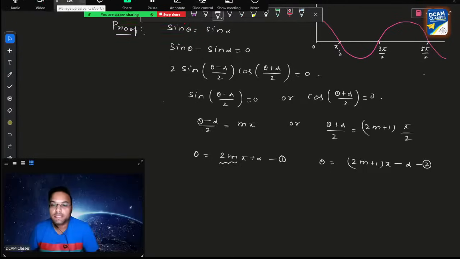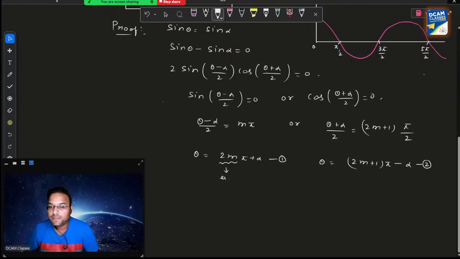This 2m represents even. If you take, see, because you have m is equal to 0, 1, 2, 3, like this. Na? So whatever number you take, this 2m becomes even only. 2 into 0 is 0, 2 into 1 is 2, 2 into 2 is 4, 2 into 3 is 6, like that. So always this will be even.